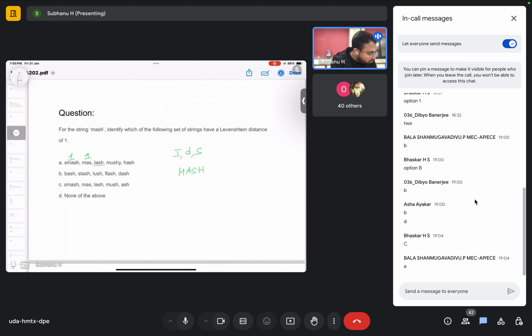In lash, I have to delete and substitute L with M. Mashi can be done because I have one insertion operation and also a substitution operation. So A is not an option.